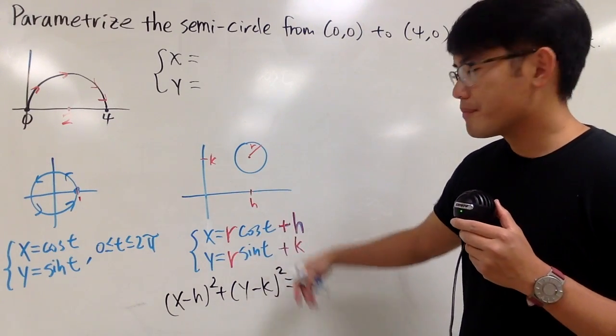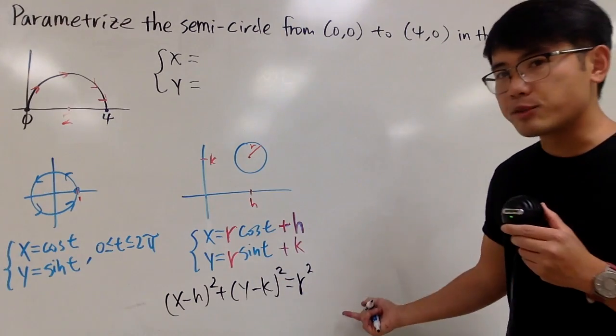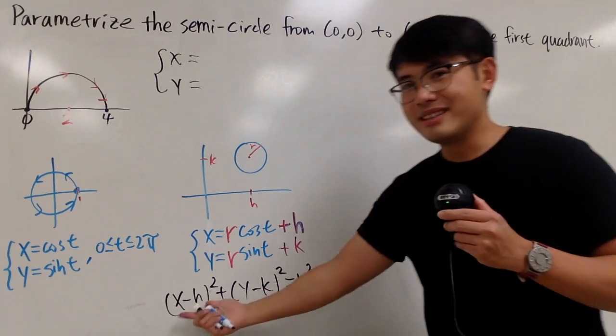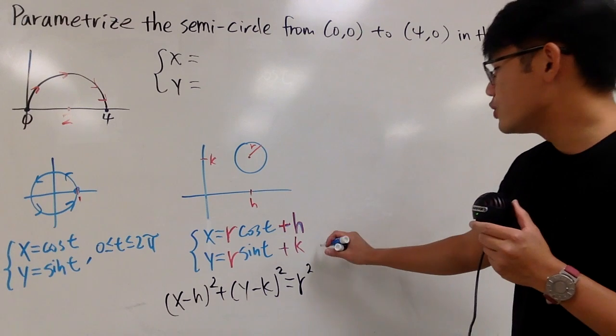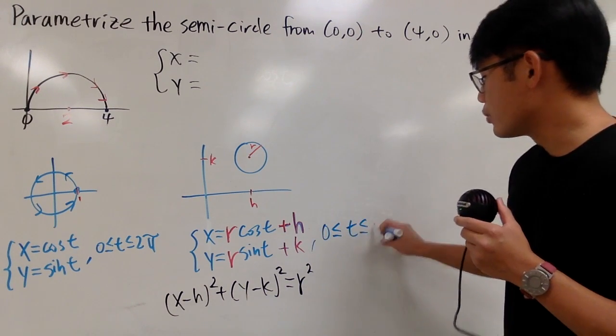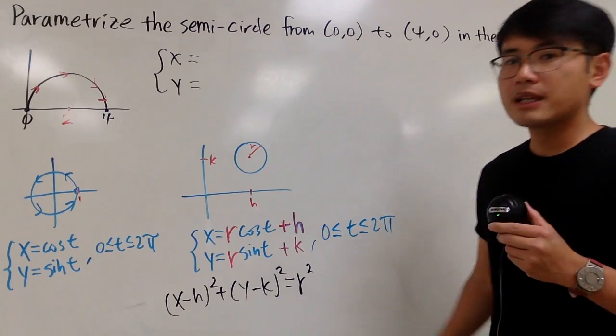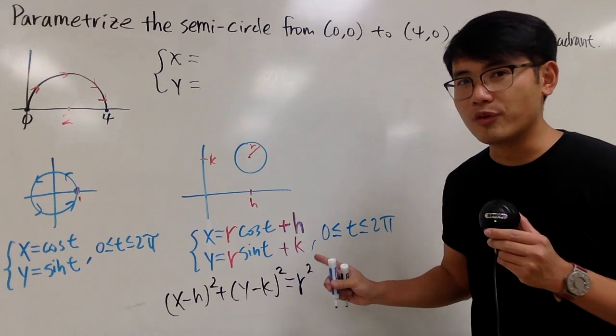When you add them up and factor out the r squared, you get r squared times (cosine squared plus sine squared), which is 1. So this is the good form, and of course this right here is the parametric form. And again, we should also indicate that we want the t to go from 0 to 2 pi, like this.